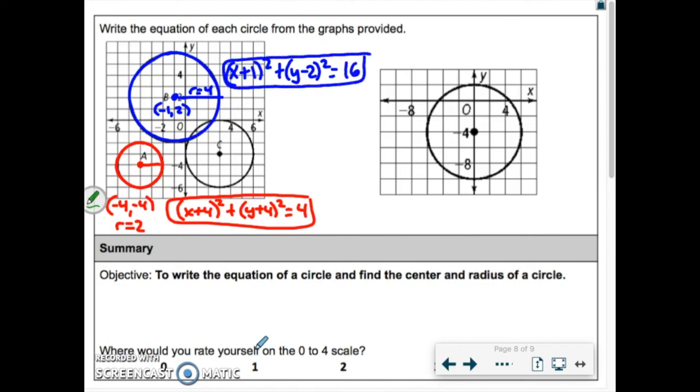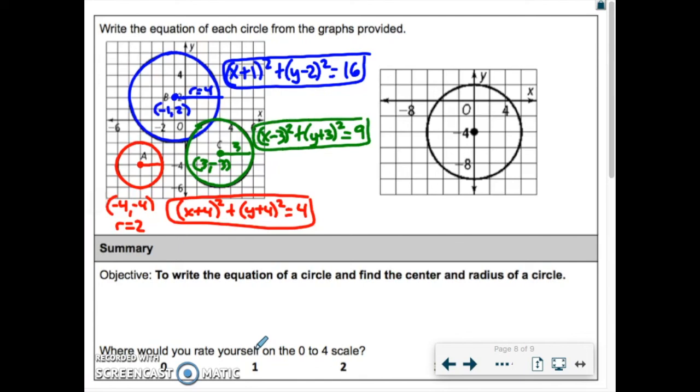All right, and then circle C, I'll make that one green. Has a center at positive 3, negative 3, and a radius of 3. So x minus 3 squared plus y minus negative 3, so plus 3 squared equals 3 squared, which is 9.